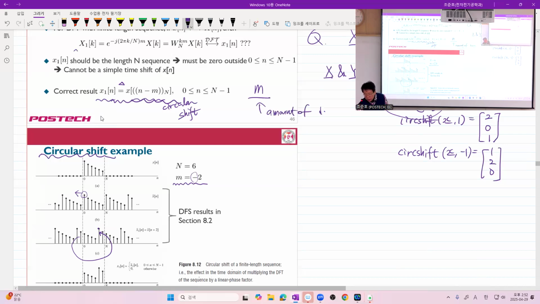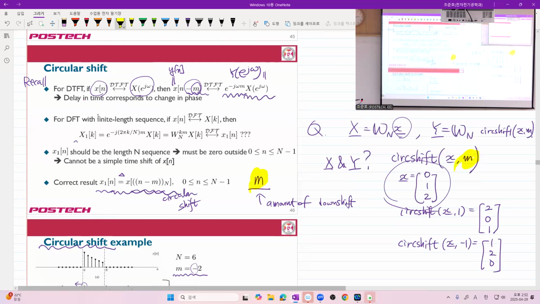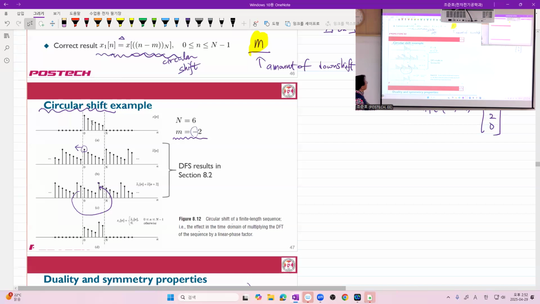downshift as I've used here. Got it? So same notation. So you see here, if this part taken as vector x is circular downshifted by M, then you have this vector. Am I right? No, it's upshift.